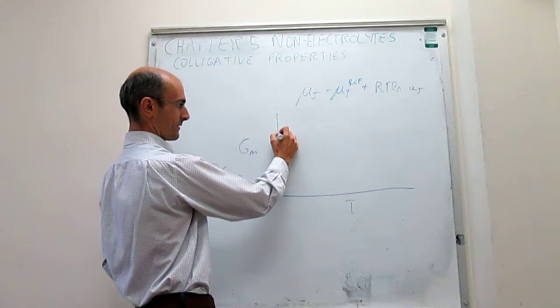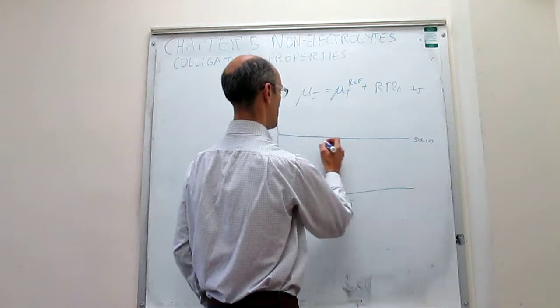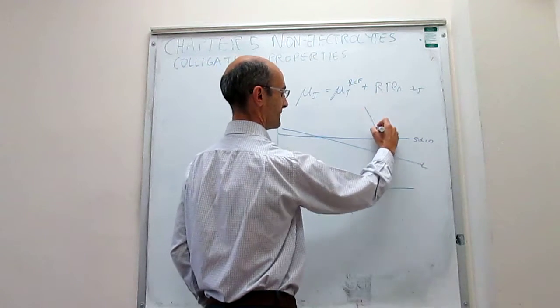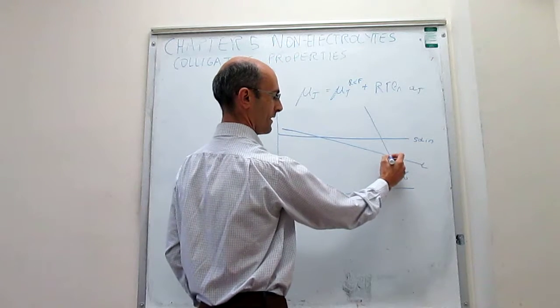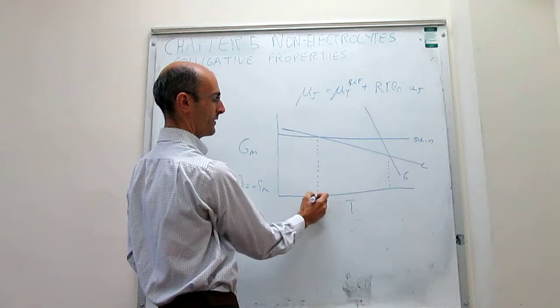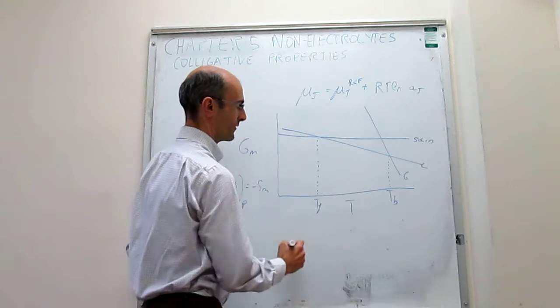The graphs looked like this. That's the line of the solid, this is the line of the liquid, and that's the line of the gas. These lines allowed us to figure out what the freezing point and boiling point of that particular substance were, as we have right here.